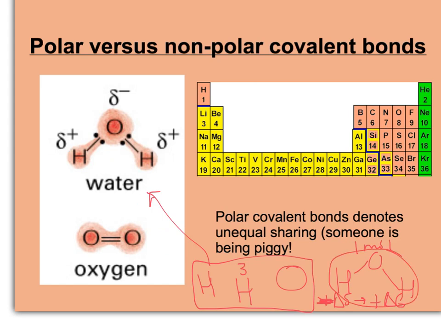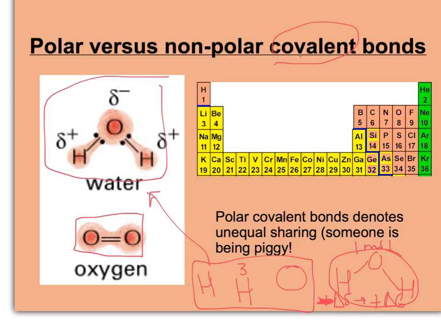So no matter what kind of covalent bond, they store energy. We have two kinds of covalent bonds. You have non-polar, like the double bond between oxygen, because the electrons are shared equally, versus polar covalent bonds.